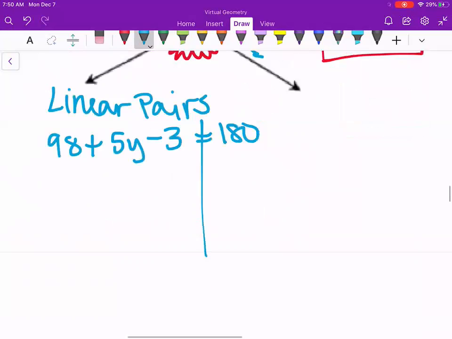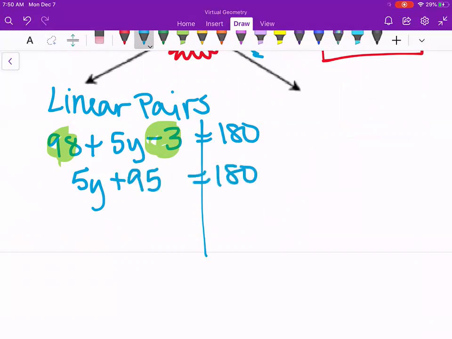Okay, and again, let's combine our like terms here because we've got 98 and a minus 3. There's no other y's, so we have 5y. 98 minus 3 is a positive 95. Equals 180, and now we can start our solve.